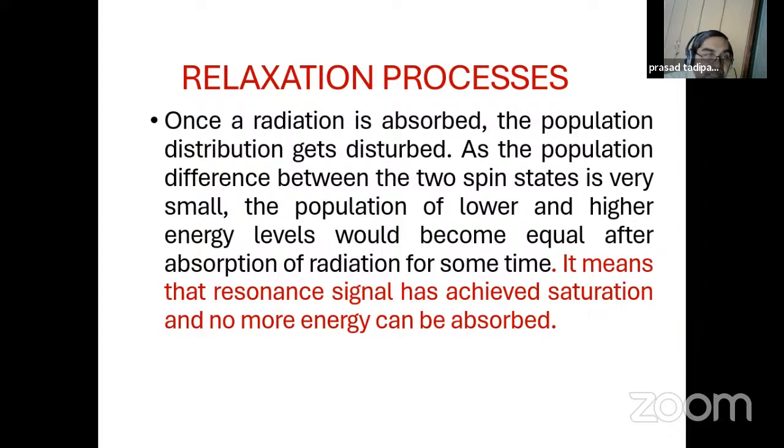Once the radiation is absorbed by the sample, as the population difference between the two spin states is very small, the populations of the lower and higher energy levels become equal after absorption of radiation for some time. It means that the resonant signal has reached saturation, and no more energy can be absorbed. If the populations are equal, the sample will not take any more energy.